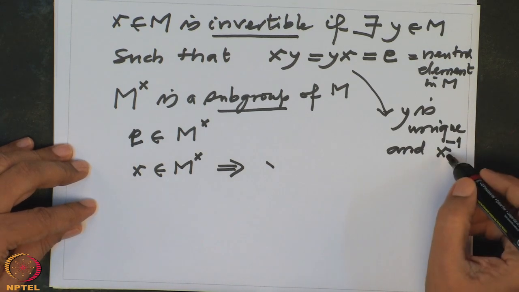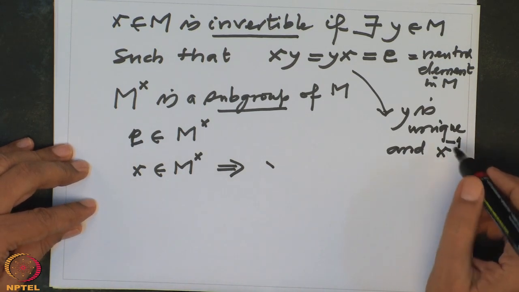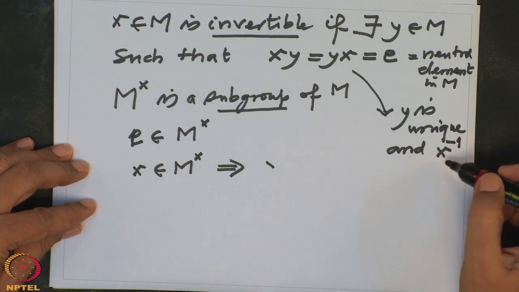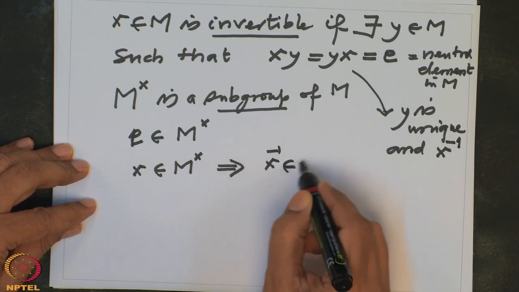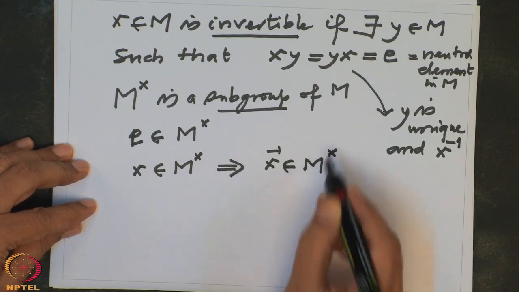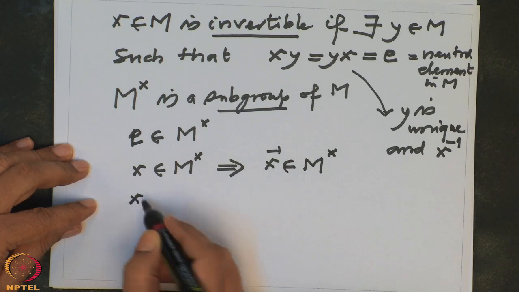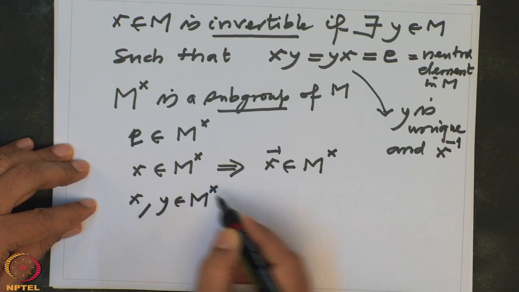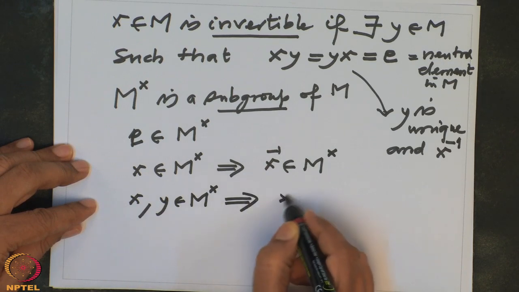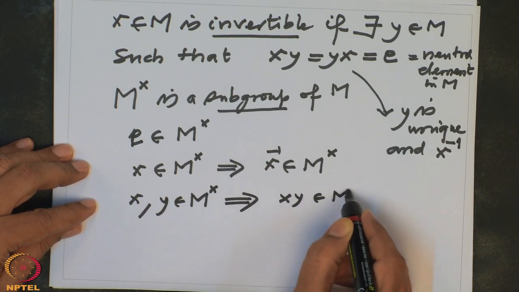So this is in the multiplicative notation. When you are using an additive notation, then the inverse will be denoted by minus x. So this is also in M cross. Two elements, if x and y are in M cross, then xy is also in M cross.